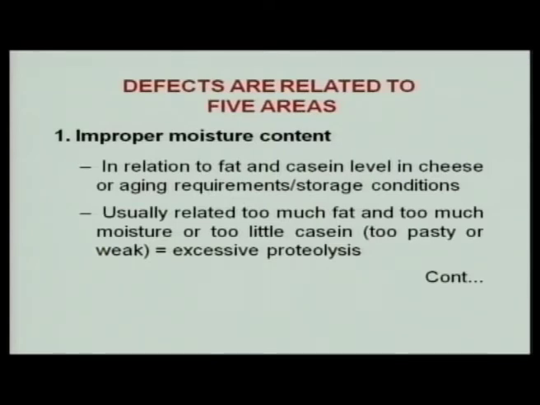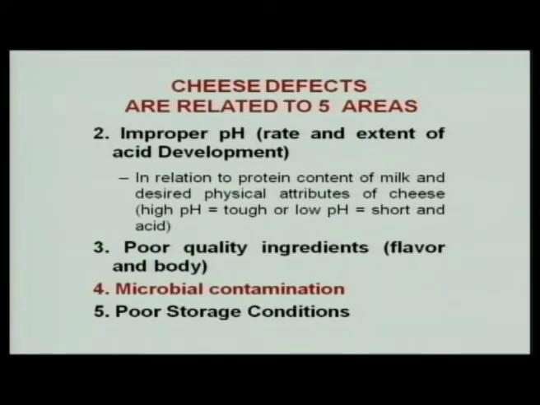Usually it is related to too much fat and too much moisture or too little casein, then it becomes pasty, or excessive proteolysis can be caused. Improper pH, that is the rate and extent of acid development, is a factor that affects the physical attributes of cheese.